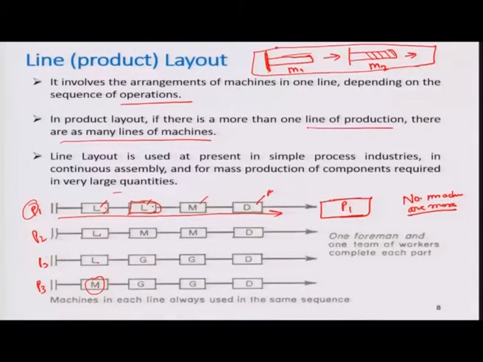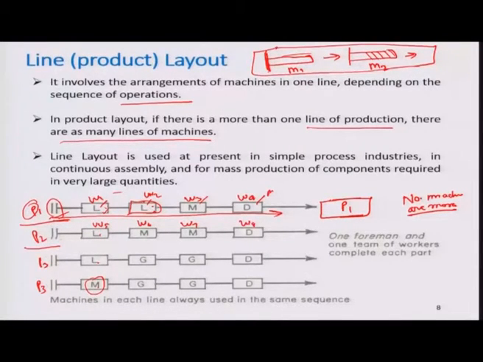One foreman and one team of workers complete each part. In each production line there is one foreman and one team of workers. Worker 1, W2, W3, W4: there are four workers in one production line, and in production line 2 there will be W5, W6, W7, W8.